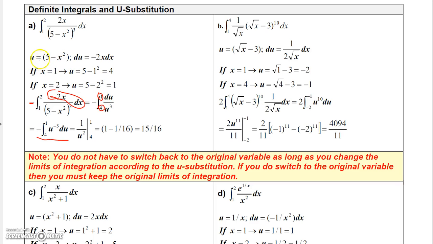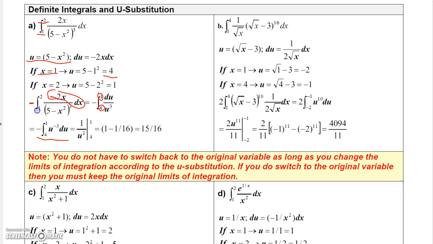Remember, u is related to x, right? U is equal to 5 minus x squared. So here, x is 1 and x is 2. If x is 1, to get what u equals, I plug 1 in here, and I get u equals 5 minus 1 squared, which is 4. So when x is 1, u is 4.